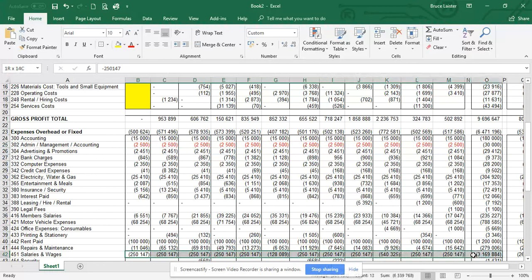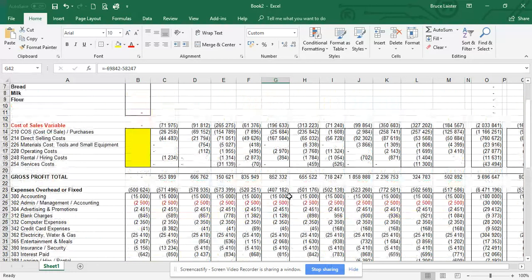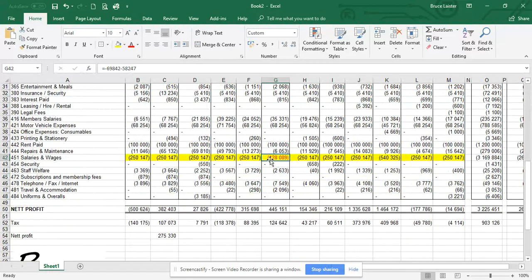Now, you see there's pretty much a fixed amount, because they're just made up numbers, but also if you look here, there's some variations. Now, something obviously happened in August, and their staff was either short paid or not paid or whatever the situation was.